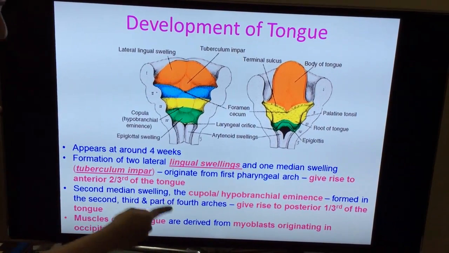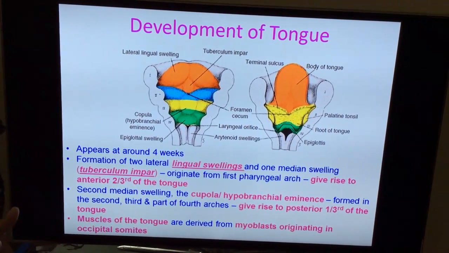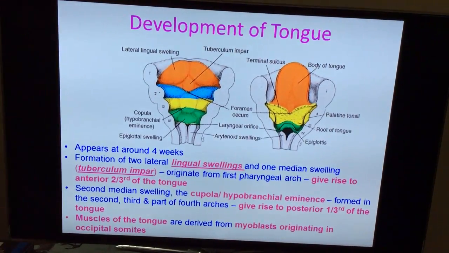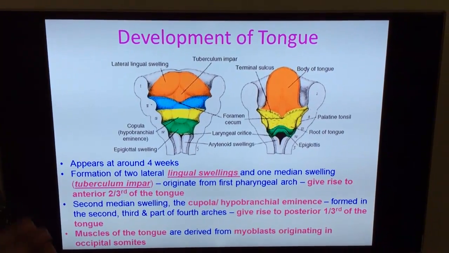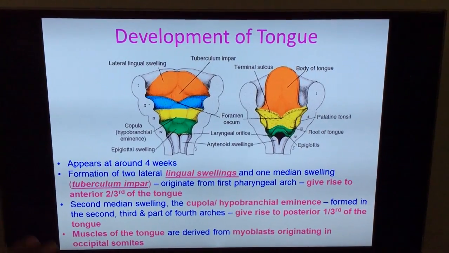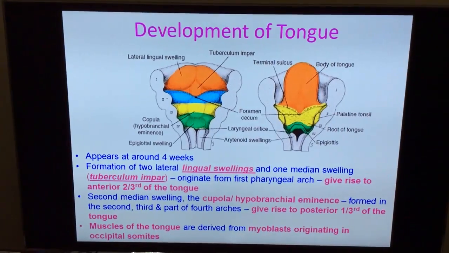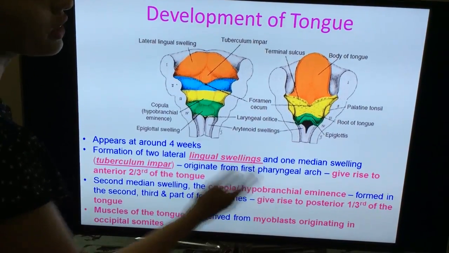Then now coming to the muscles of the tongue, you know that the muscles of the tongue are not supplied by either the lingual nerve, the glossopharyngeal or the facial. The muscles of the tongue are supplied by the hypoglossal nerve, which is the 12th cranial nerve. Why? This is again an embryological reason: the muscles of the tongue are derived from myoblasts.